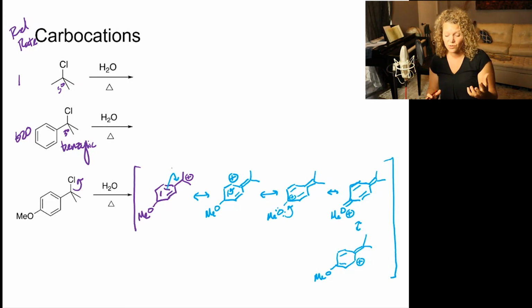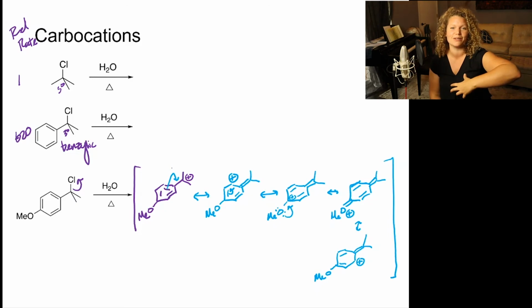Again, in this case, we have additional resonance from our benzene ring. This benzylic position is more stabilized. The loss of that chloride is going to happen faster, and we'll talk about the rate.